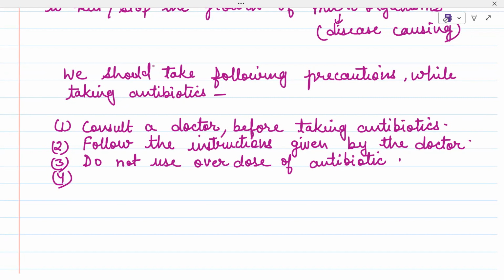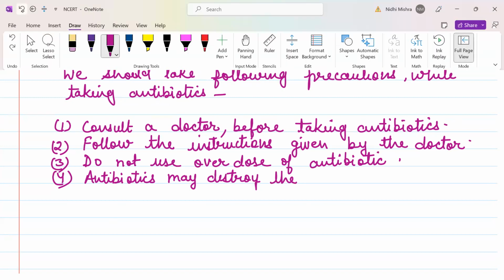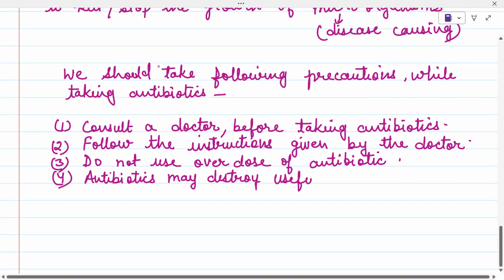And antibiotics may destroy useful bacteria, useful microorganisms as well.